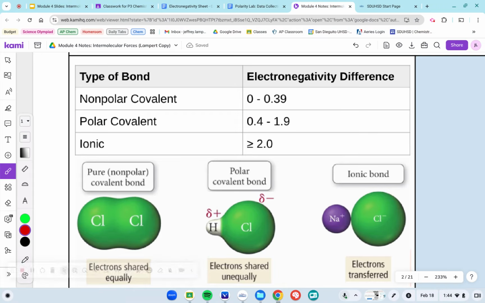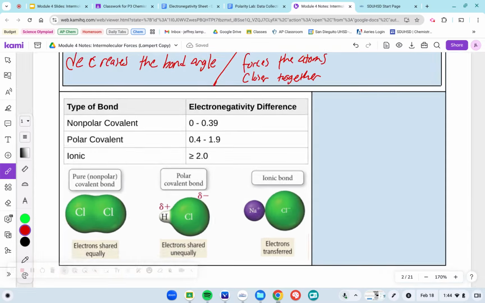On my notes doc, we're between 0.4 and 1.9. So that means I have a polar covalent bond. So when you're trying to figure out whether a bond is polar, you just subtract the two electronegativities. Okay? Now, one thing to note here. This chart helps us figure out bond polarity. It is not useful to directly figure out molecule polarity.